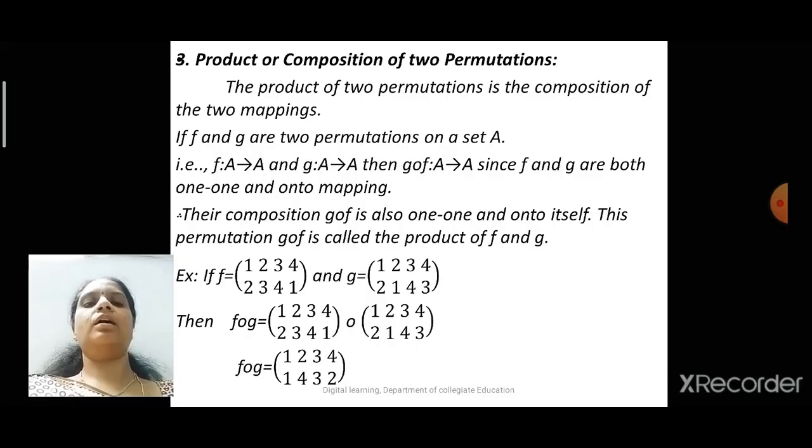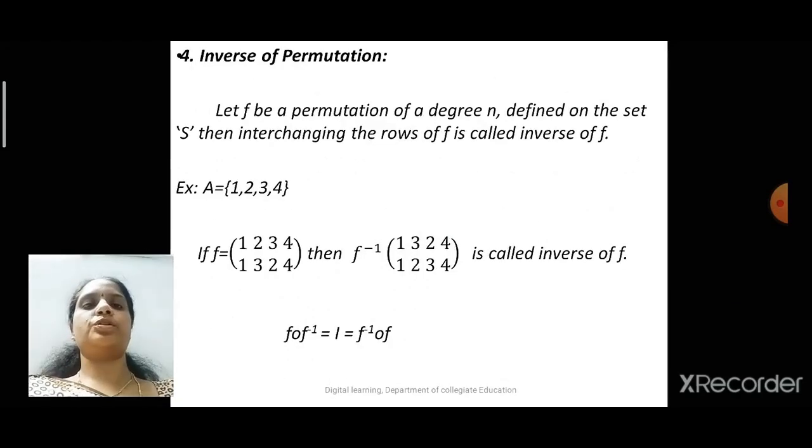So under 2 we write 4. Similarly 3 goes to 4, continuing 4 goes to 3, so under 3 we write 3. Then 4 goes to 1, and 1 goes to 2, so under 4 we write 2. So the result is (1 2 3 4 / 1 4 3 2). This is the composition of two permutations.